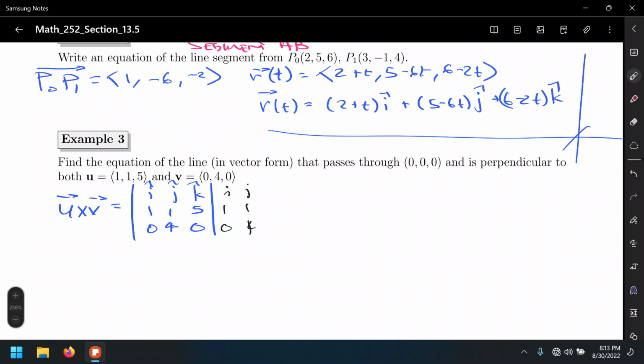I, j, 1, 0, 1, 4. So that's going to be i times 1 times 0, that's a 0i, plus 0j, plus 4k, and minus 20i. Oh yes, you guys were right. Oh wait a minute, no. I was missing the sign. I think there was a typo on the problem ultimately. This one has to be negative 5. That's why.